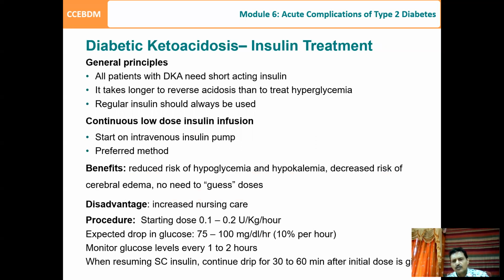As you can see, in most situations, we expect a drop in the blood glucose level of roughly 10% per hour. If the drop is between 30 to 50 milligram per dL, then I am very happy as far as the insulin infusion rate is concerned.